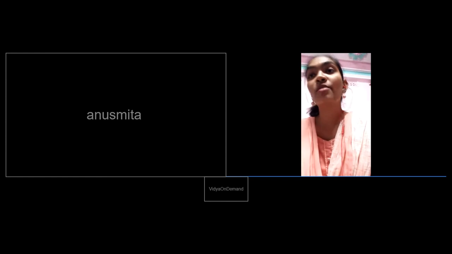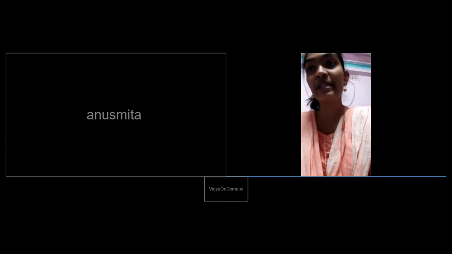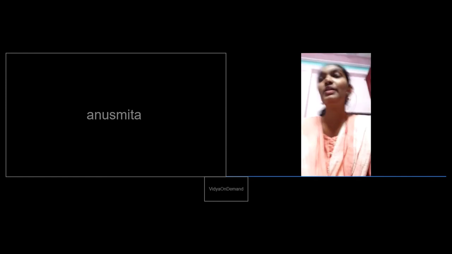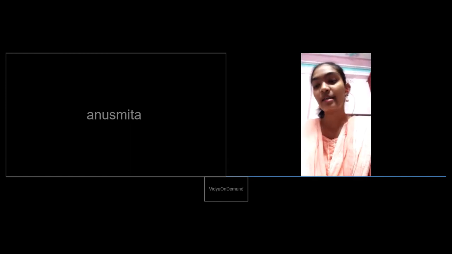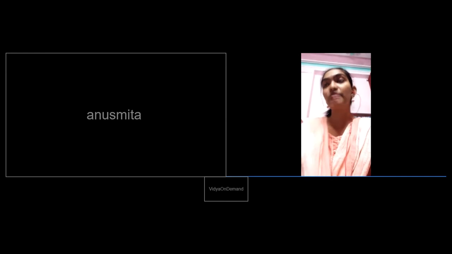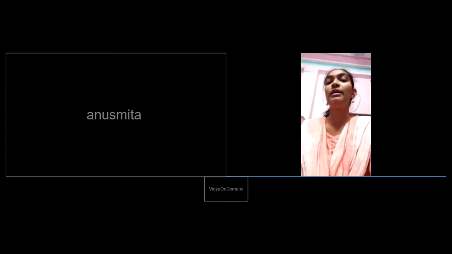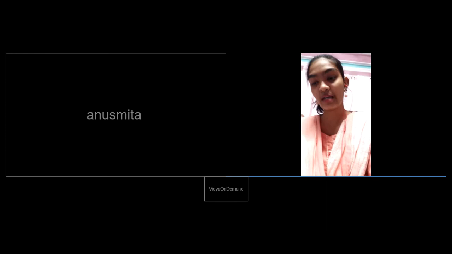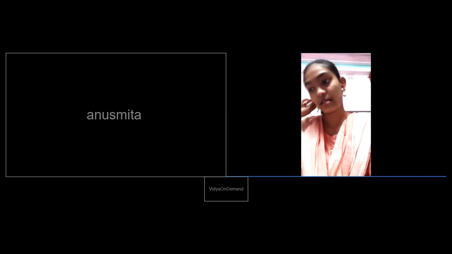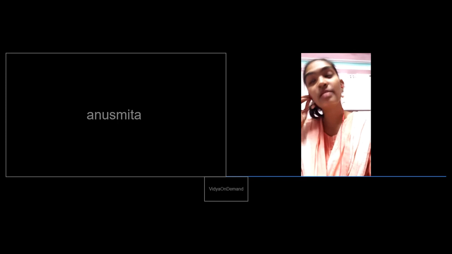So geography as a social science field studies spatial organization and spatial integration. Spatial organization means how the things in our nature are arranged, like a city.